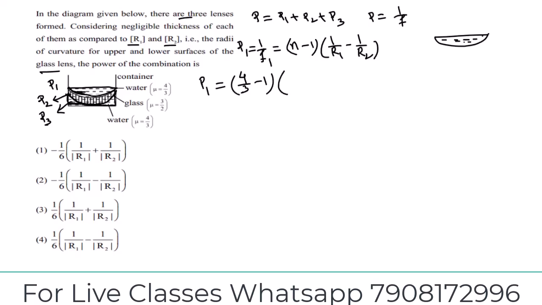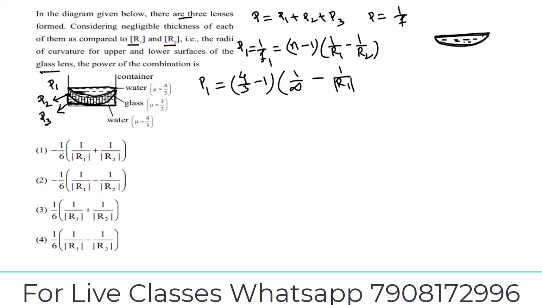Now, the radius of curvature of this plane surface is infinity, that is 1 by infinity, minus 1 by R2, where R2 is the radius of curvature of this surface. Now, this surface has a radius of curvature R1, here it is given, so 1 by mod R1.